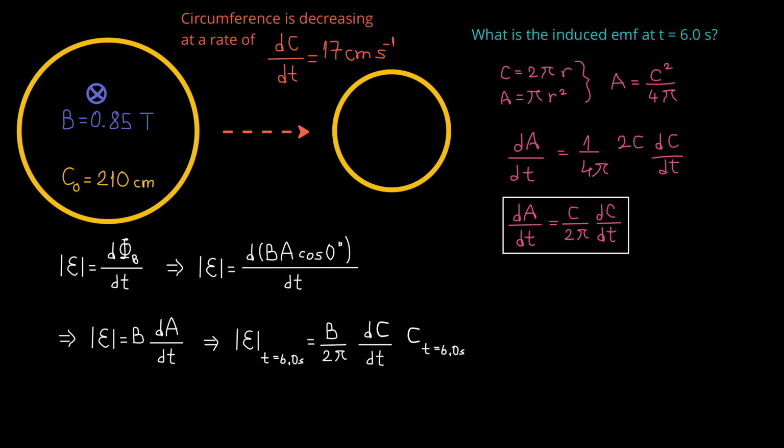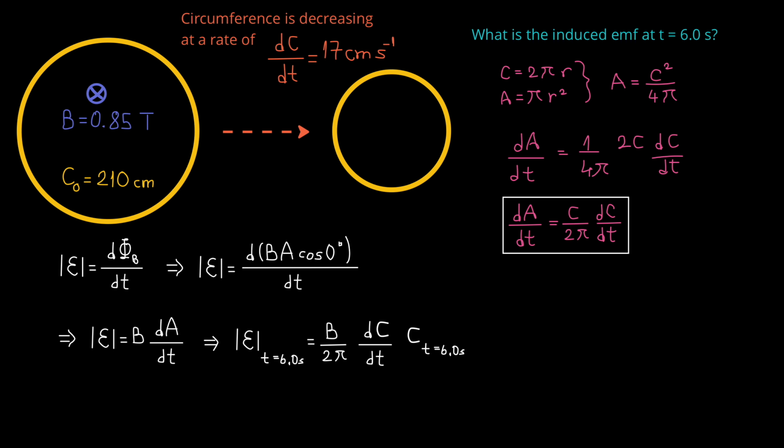Now let's substitute this result in our Faraday's law equation and calculate. Again, remember the induced EMF is not constant. It changes with time because dA/dt is not constant. And so we are calculating the value of the EMF at t equals 6 seconds.